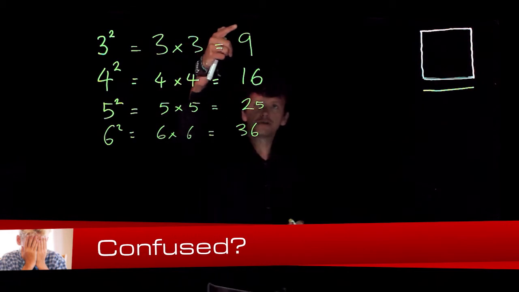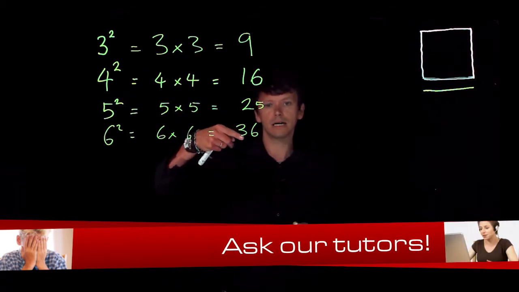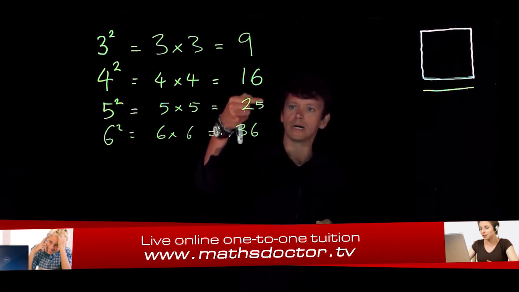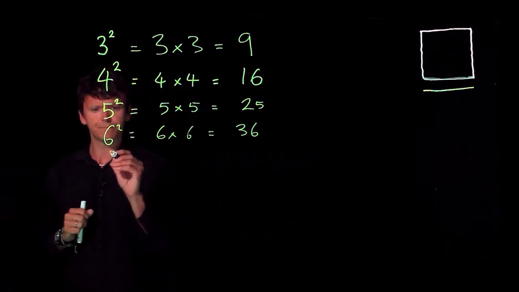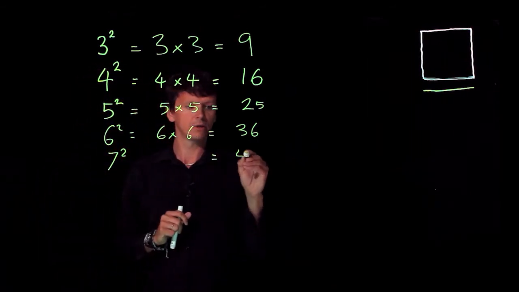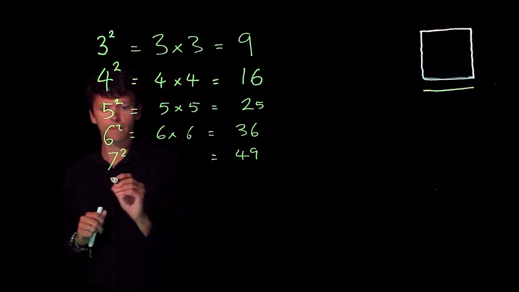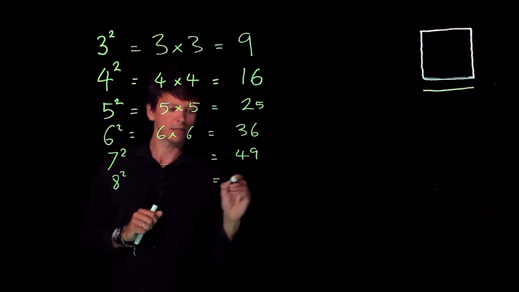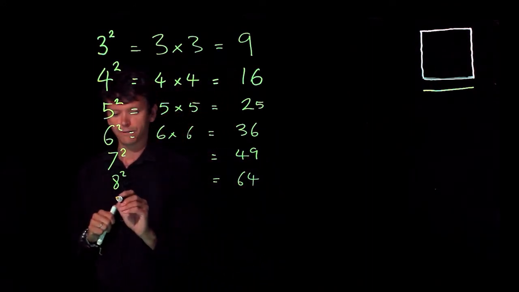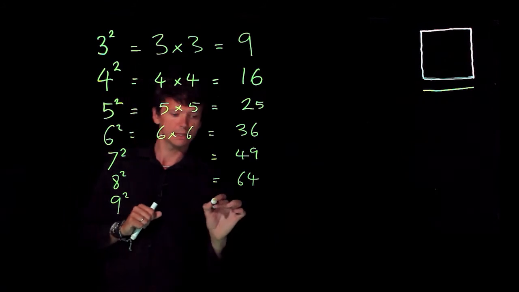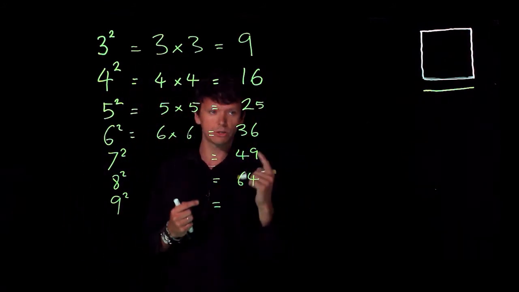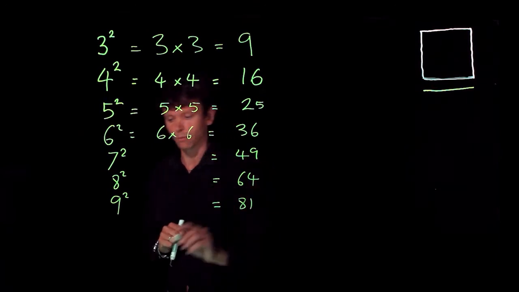And what we are producing here is a sequence of square numbers. These are referred to as square numbers. 7 squared, just the same, equals 7 times 7 equals 49. 8 squared, the area of a square, side length 8, equals 8 times 8, 64. 9 squared. So we're testing the times tables with square numbers. 9 squared, 9 times 9, of course, is 81.